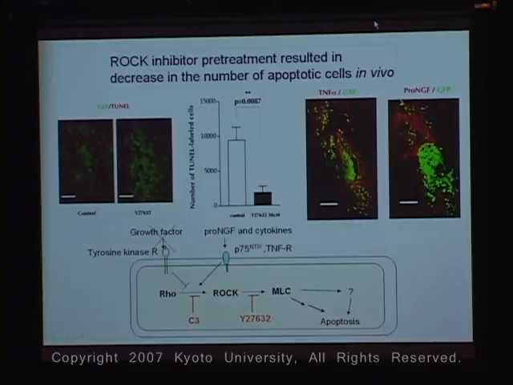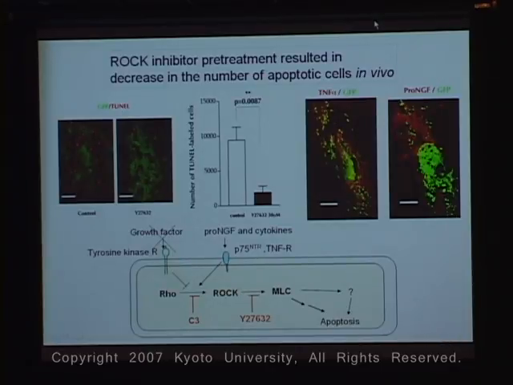We add ROCK inhibitor 6 hours prior to cell dissociation, and we grafted the cells with ROCK inhibitors. After 2 days, we performed TUNEL staining of the graft. As shown here, the number of TUNEL positive cells decreased with ROCK inhibitor treatment.